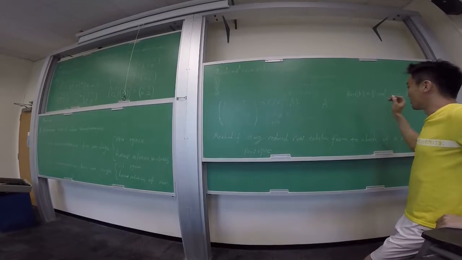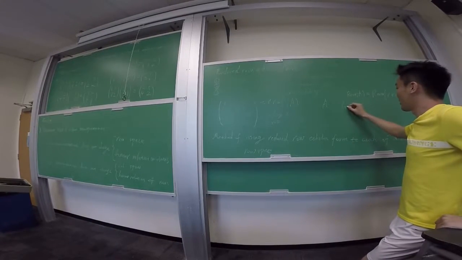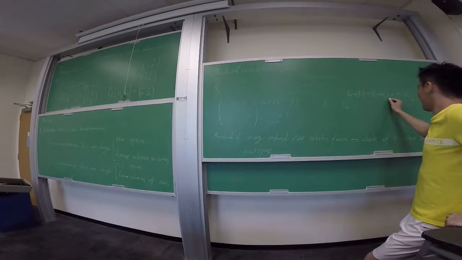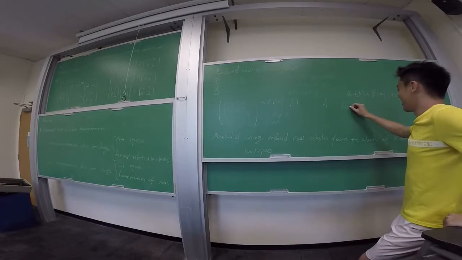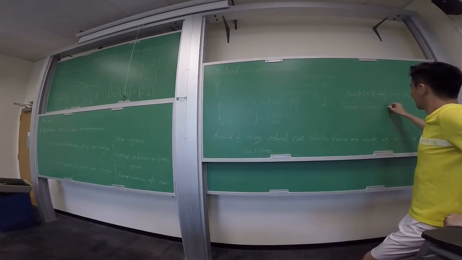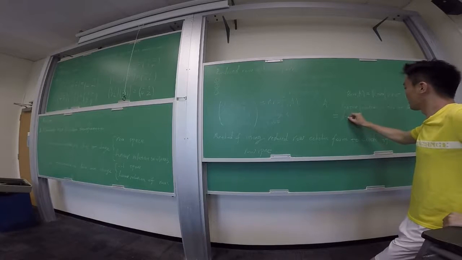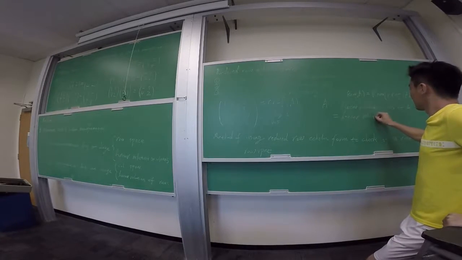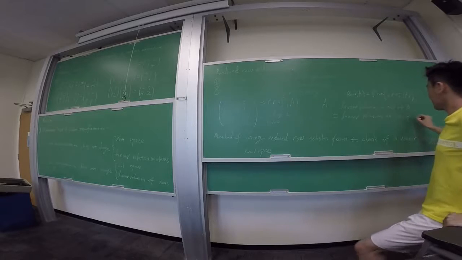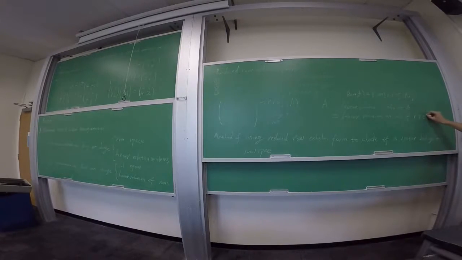And also the linear relations on columns of A are the same as the linear relations on columns of the reduced row echelon form of A. So those are the usages of the reduced row echelon form.